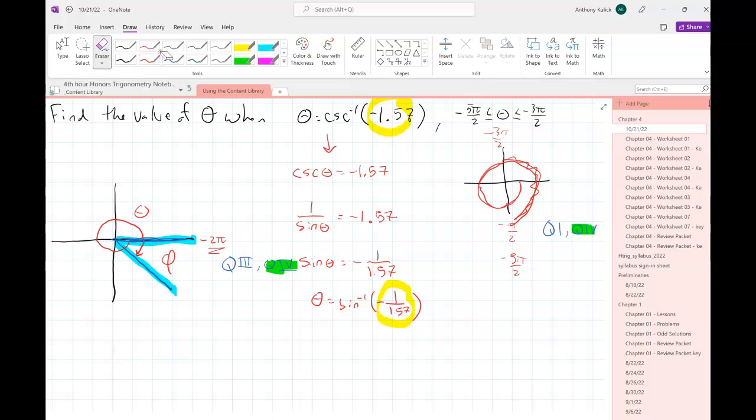Hold on. I don't ever write it this way. What do I want to do here? That's the way I like to write it. Everybody okay? Or no?